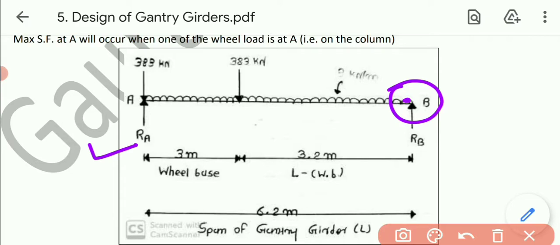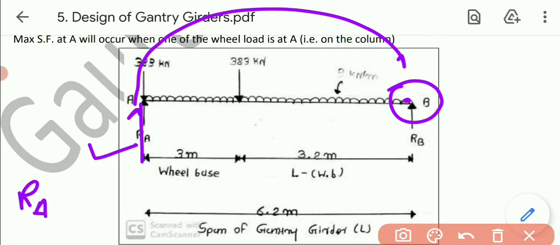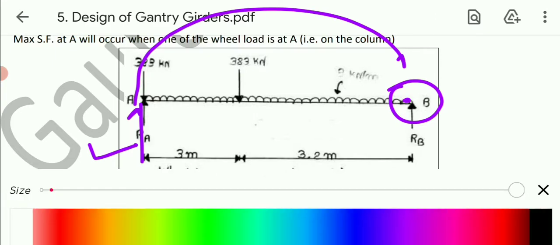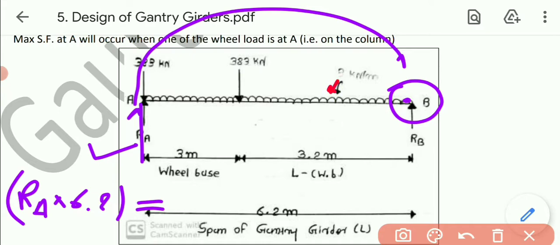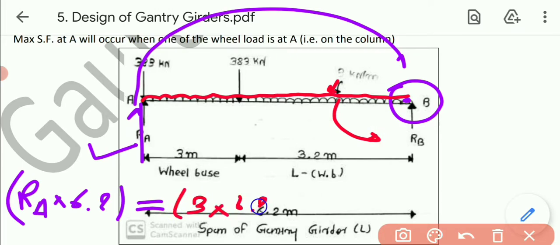Say moment at B equals, we can say RA into 6.2, that is the clockwise moment. So RA into 6.2 equals, now let's talk about anti-clockwise. First, the entire UDL will be anti-clockwise as it will be acting towards the right hand side, equals 3 into the entire span 6.2 into 6.2 by 2.